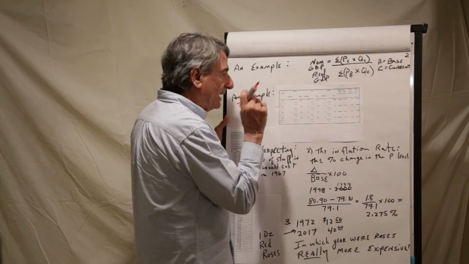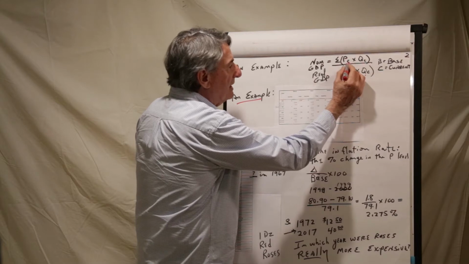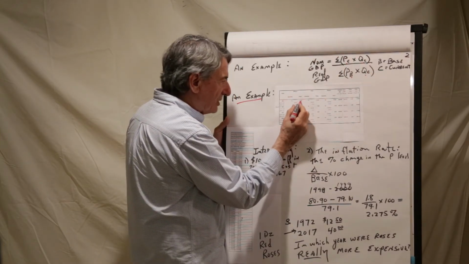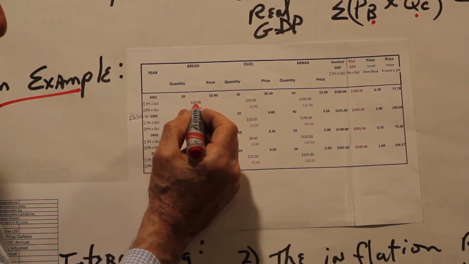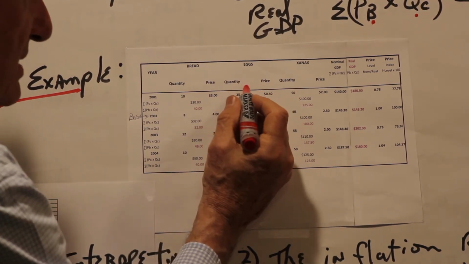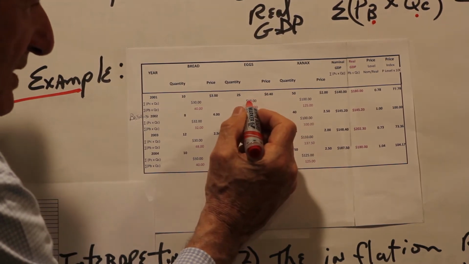So we're going to calculate nominal GDP, and we have to take each item, current price times current quantity. In the case of bread, the current price is $3 and the current quantity is 10. So there were $30 worth of bread produced in year one. Eggs, quantity is 25 and the price is 40 cents, so 40 cents times 25 is $10.